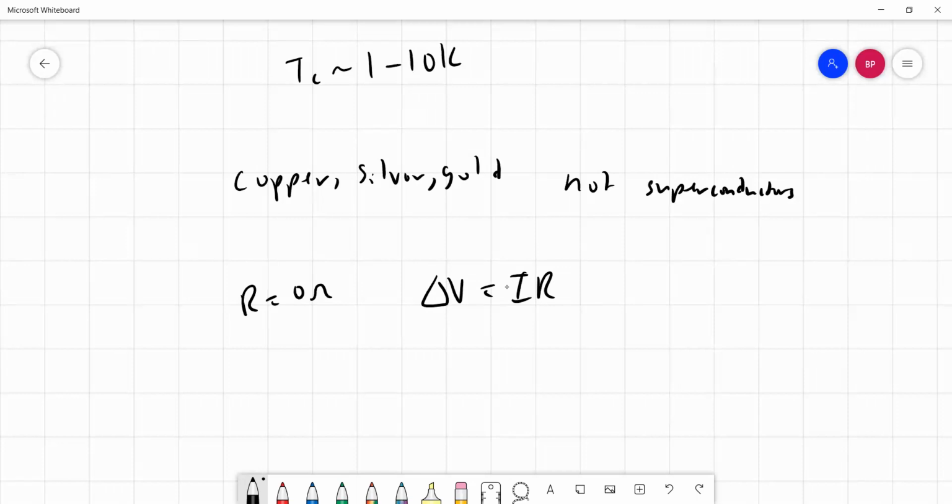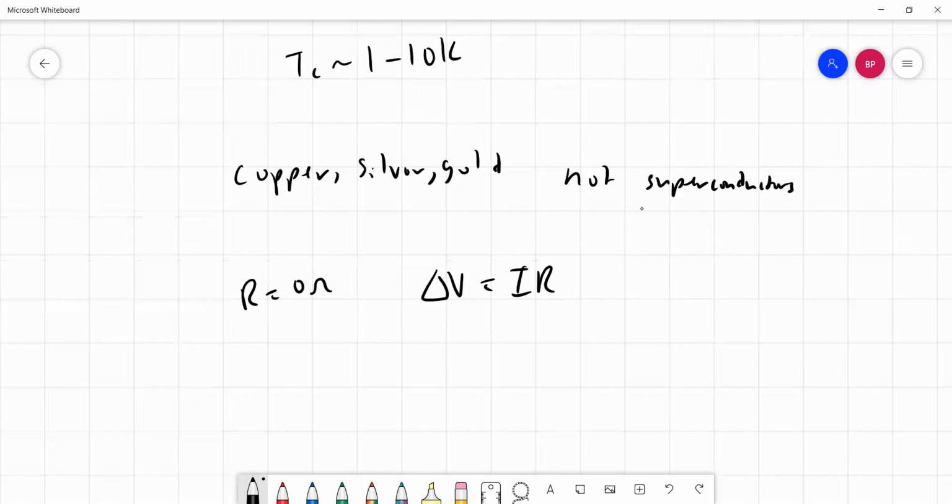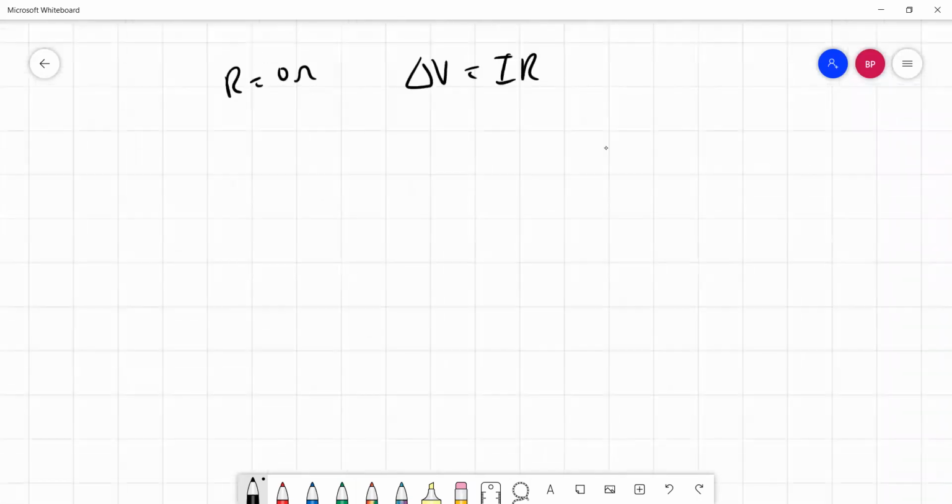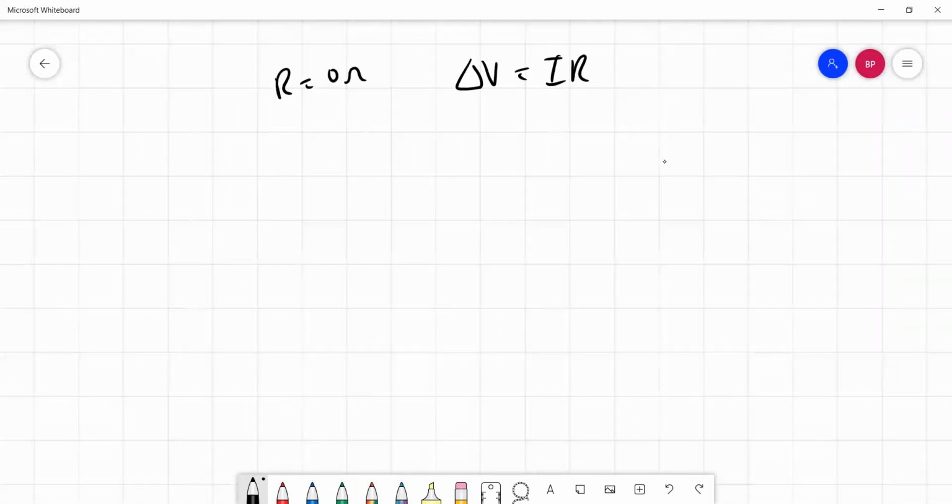Okay, so one of the big names of the game now for superconductivity is finding high temperature superconductors.